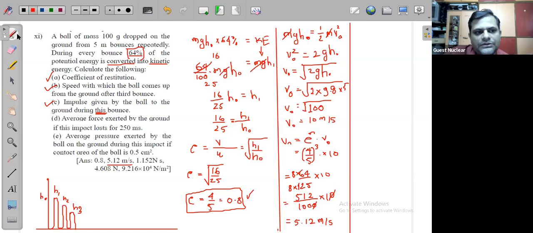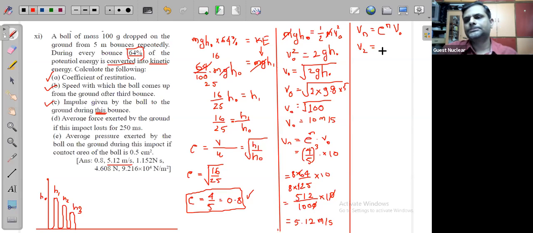Okay, so here v2 we can just say, the formula we have is vn is equal to e raised to n into v naught. So using this formula we will find v2. v2 means the velocity after the second bounce, which will be the velocity just before the third bounce.